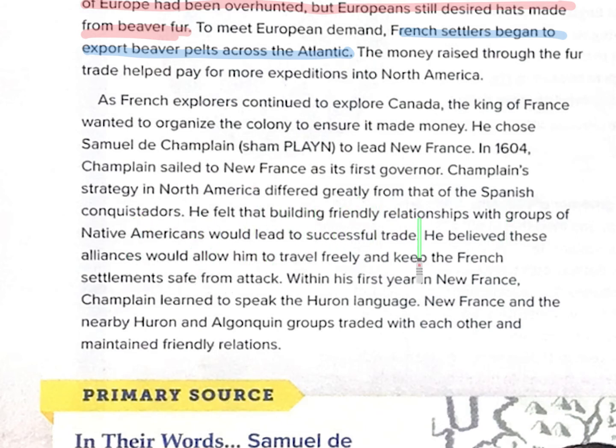He felt that building friendly relationships with groups of Native Americans would lead to successful trade. He believed these alliances would allow him to travel freely and keep the French settlements safe from attack. Within his first year in New France, Champlain learned to speak the Huron language. New France and the nearby Huron and Algonquin groups traded with each other and maintained friendly relations.